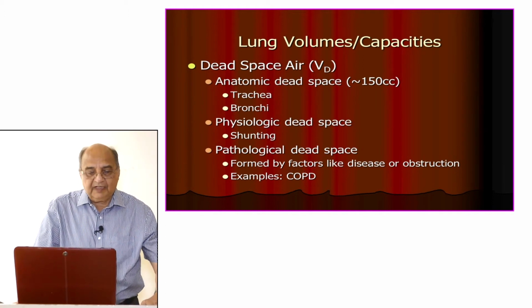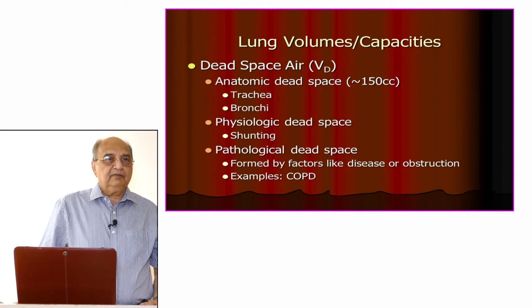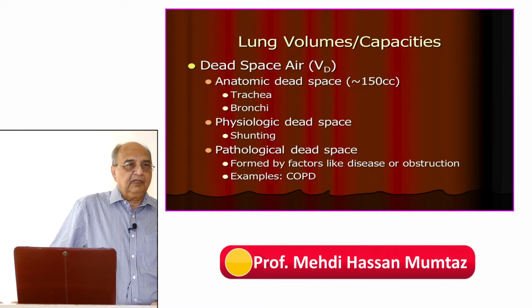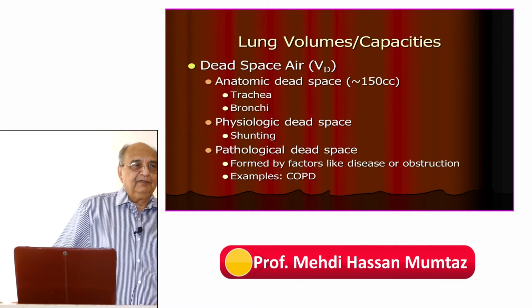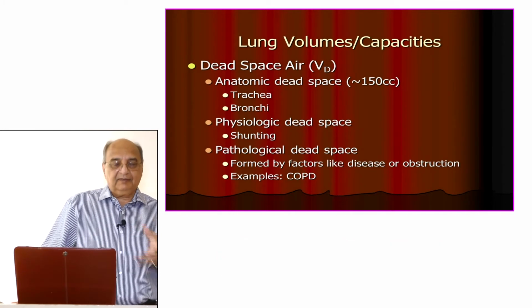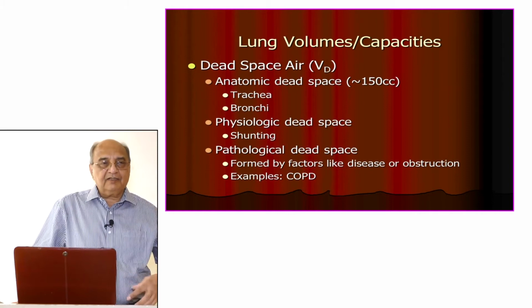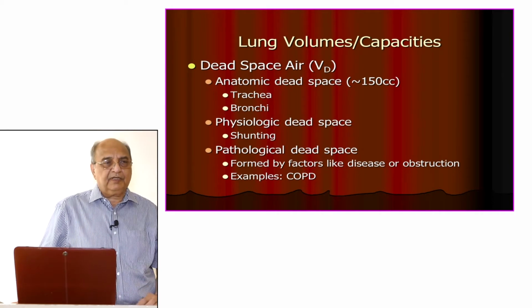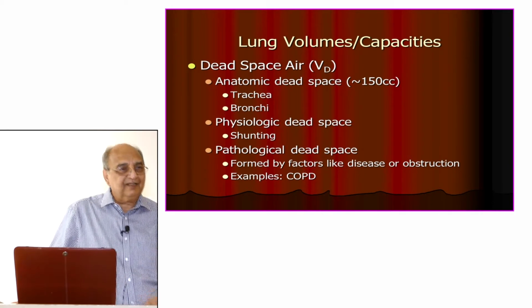Physiological dead space is when blood is not coming into the lung even though you are at the alveolar level, so that also becomes dead space, because the air or the gases are reaching the alveoli, but blood is not coming to take them up. It means that gas is a dead space gas.